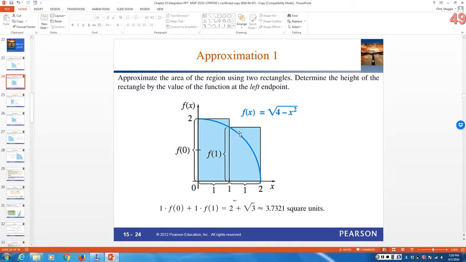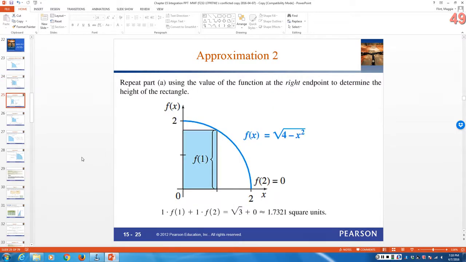And actually, if you look at this part that's hanging outside, it overestimates by quite a bit. If we use just one rectangle and put it inside, well, it underestimates the area by a whole lot.